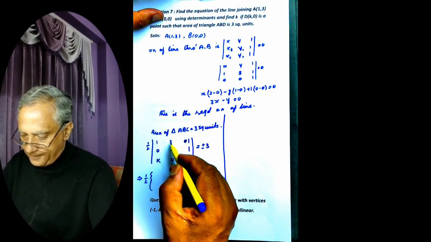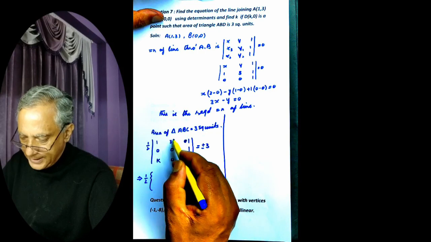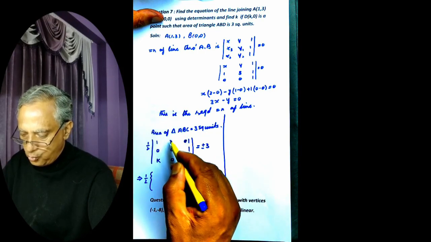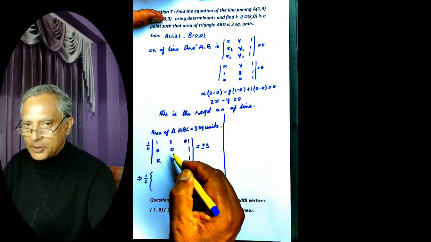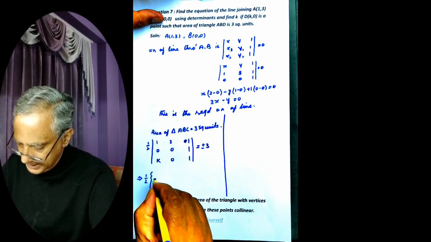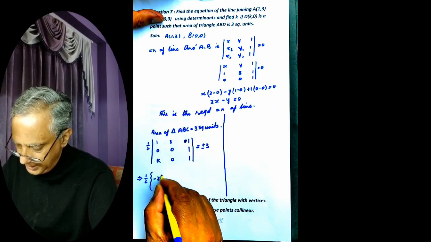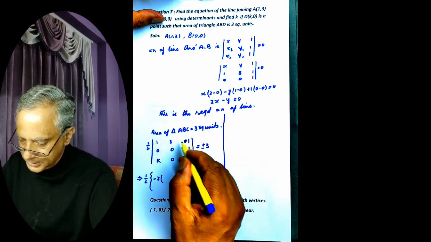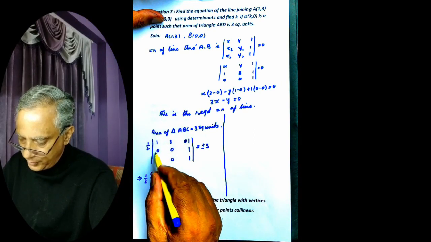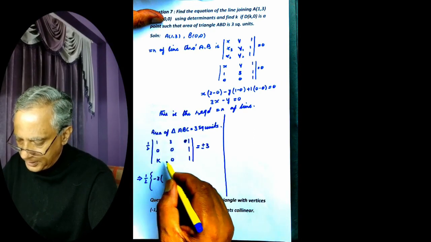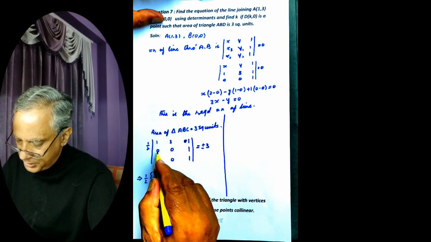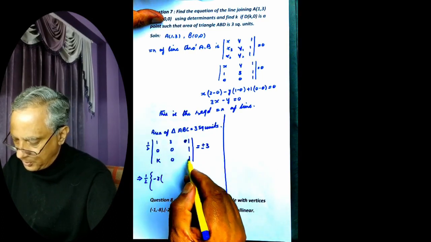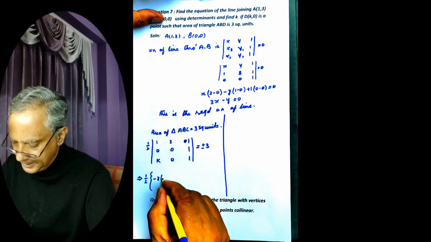The place of this entry is 1, 2. 1 plus 2 is odd. So we will get minus 3 into its cofactor. So this is gone and this is gone. So we are left with 0, 1, k, 1. So this will be 0 minus k.